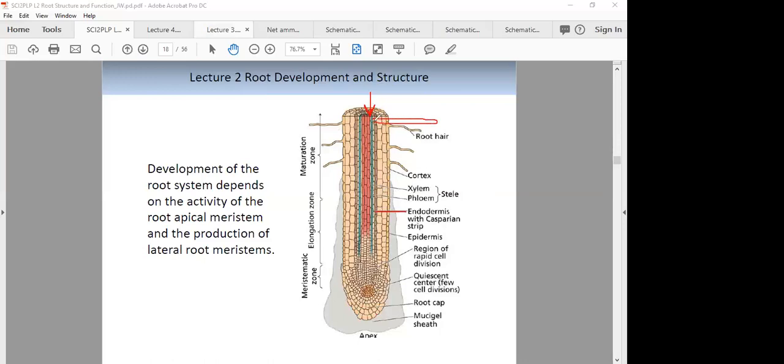As you can see there, they would push out, crush these cells in here, and then emerge from the side of the root to get these lateral roots. All right, terrific. Let me clear that and move on.